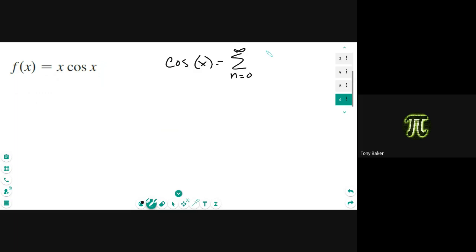That was the one we just did. -1 to the n over 2n factorial times x to the 2n, whichever way you want to write it. So that was my cosine, right? I want x times that. So if I can replace cosine of x with that, this becomes just x times -1 to the n.